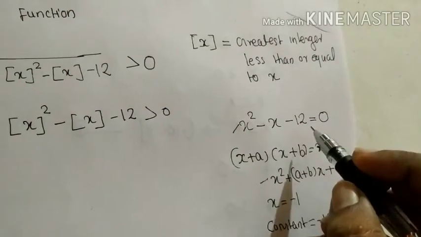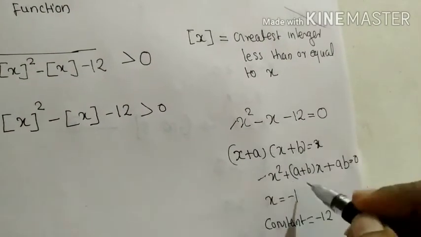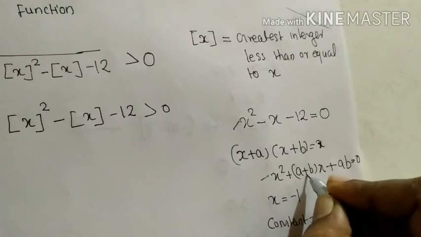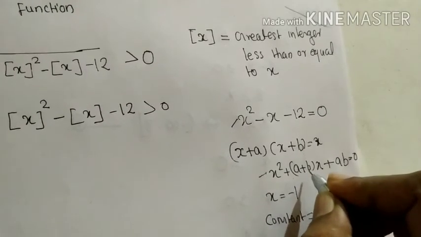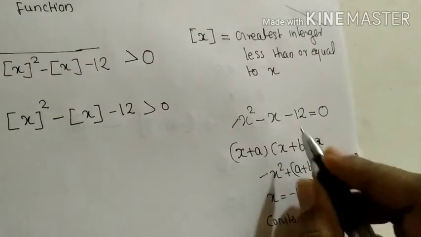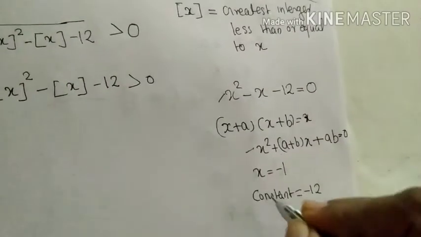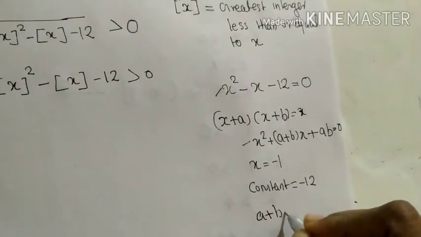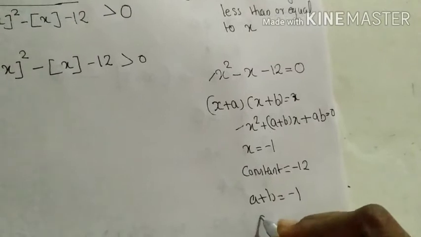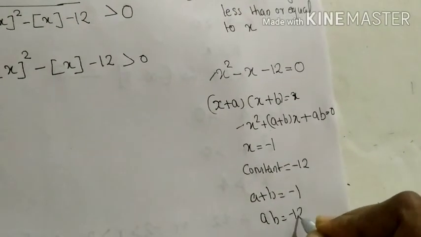So comparing these two, a plus b is the coefficient of x, so we get a plus b equal to minus 1 and ab equal to minus 12.